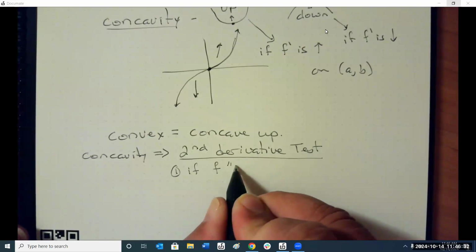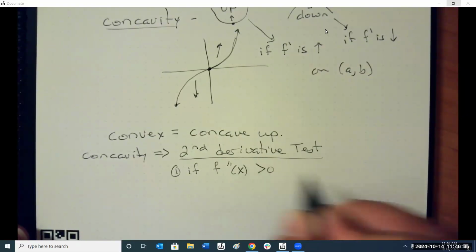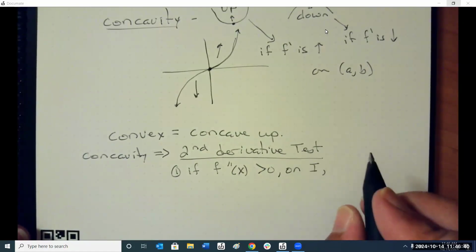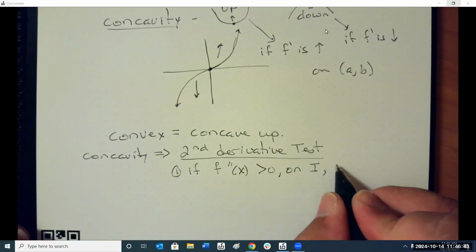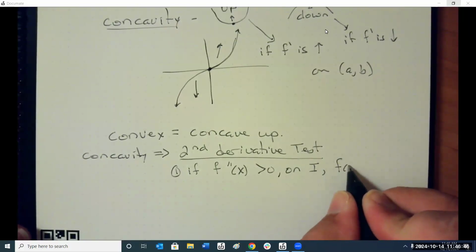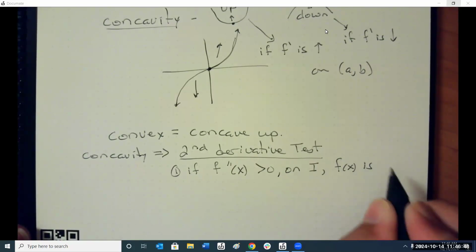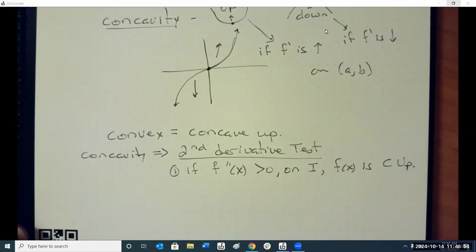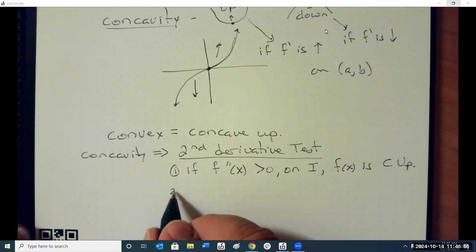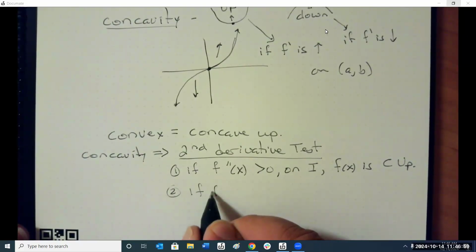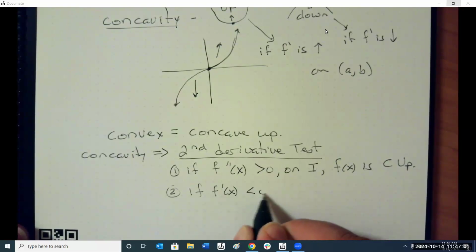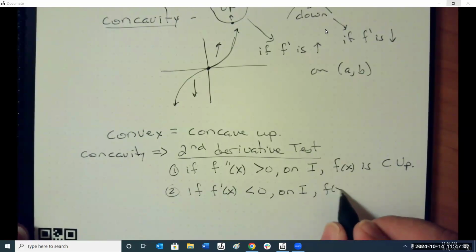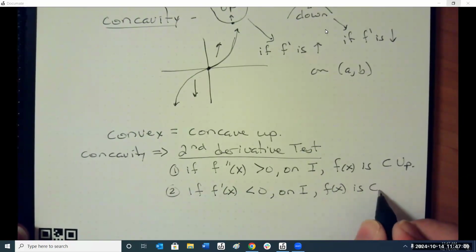If the second derivative at some value x is positive on that interval, then f of x is concave up. If the second derivative at some value x is negative on that interval, then the function is concave down.